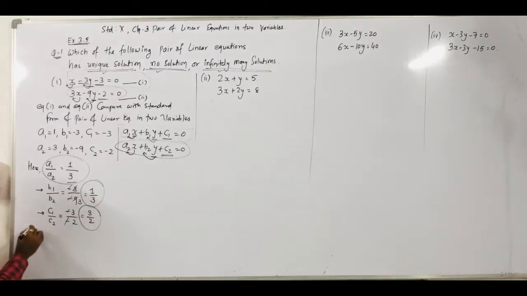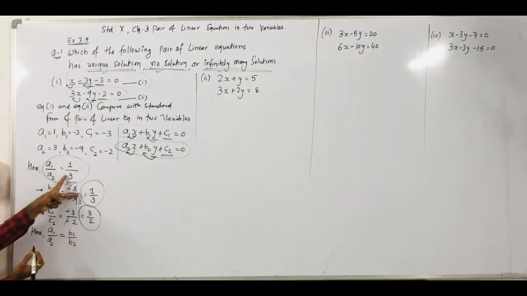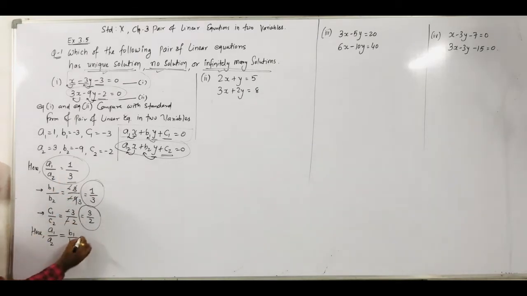So here we can say the ratio A1 upon A2 is equal to B1 upon B2. Why? Because both ratios are the same. But these two ratios are not equal to C1 upon C2. As we defined in the table, if A1 upon A2 is equal to B1 upon B2 but is not equal to C1 upon C2, which type of solution do we get?